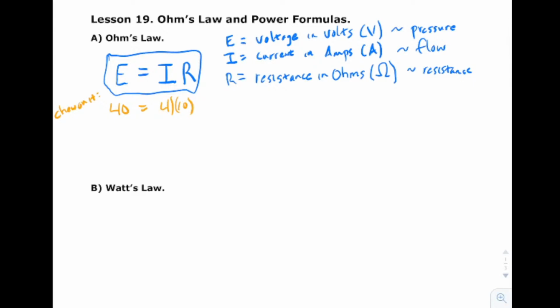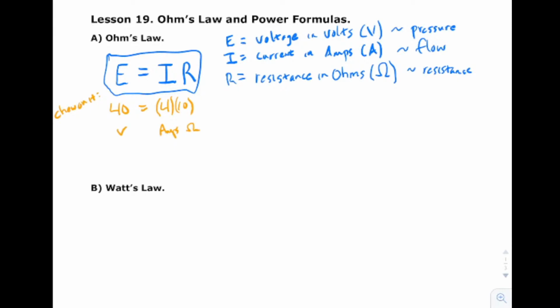So if you had a flow of 4 amps and a resistance of 10 ohms, you will have 40 volts. That's one way to do it.